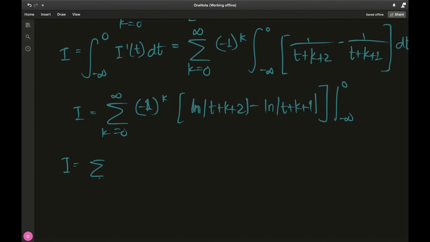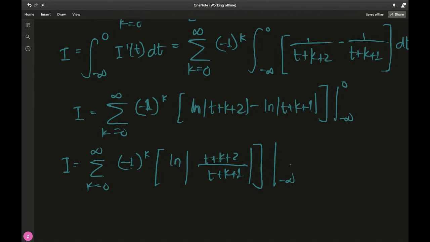Okay, so we have the sum from k equals 0 to infinity of minus 1 to the k. We have the natural log, using log properties, of t plus k plus 2 divided by t plus k plus 1, again evaluated from negative infinity to 0.